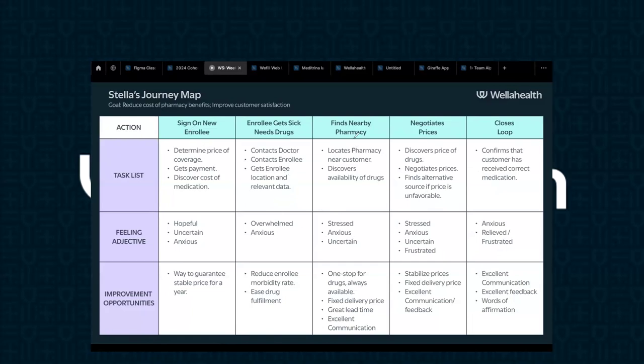So here, the emotion behind finding a nearby pharmacy is stress. Stress because they have to always call the pharmacy to confirm that they have the drugs. Of course, they have the anxiety that they may not find it, and the customer at that time is already in need of the drug, and uncertainty that they may never find it, right?